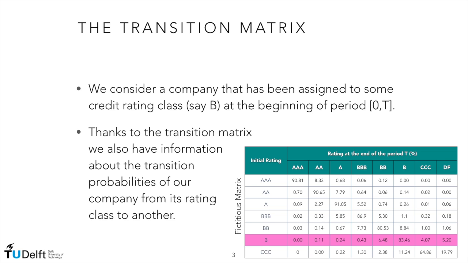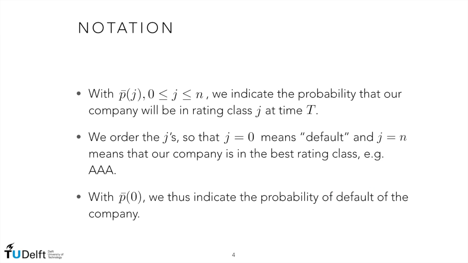Thanks to the transition matrix in CreditMetrics, we can not only study the probability of default of the company, but also migration risk. This is a nice novelty with respect to the other models we have seen so far. With P_j, for j from 0 to n, we indicate the probability that our company will be in rating class j at time capital T. We assume to have n plus 1 classes of risk, n classes plus the default class.